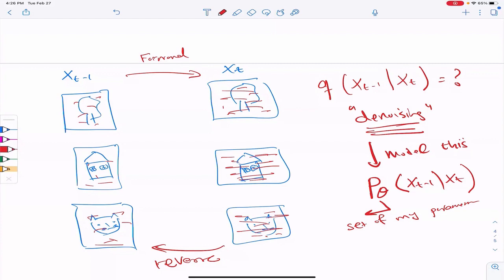It's a new lecture, new day. And I claim here's how all realistic images are generated. You generate your Gaussian noise at time, let's say, 1000. And then you denoise it, go back to time 999 using p theta of x 999 given x 1000. You denoise it one step.